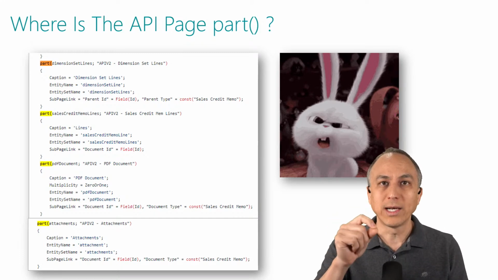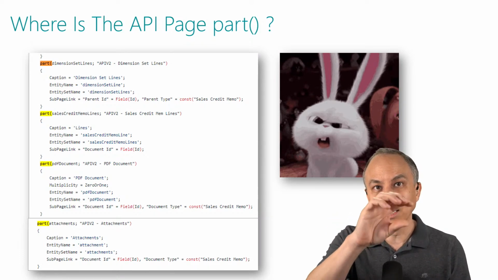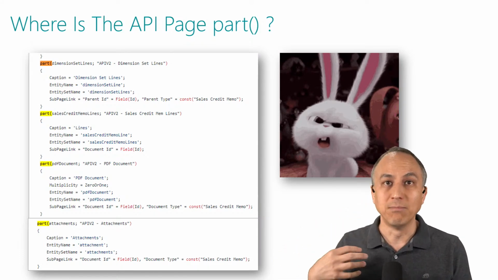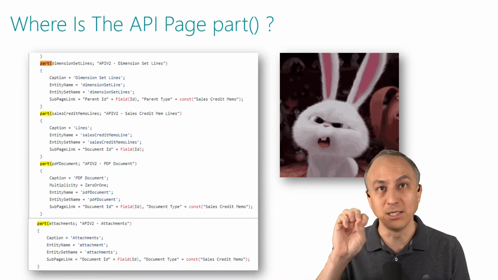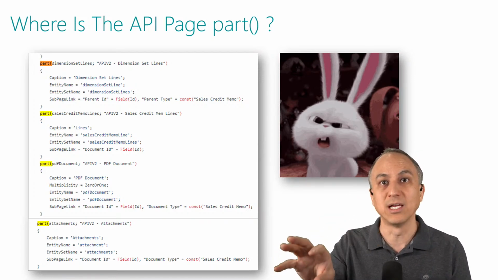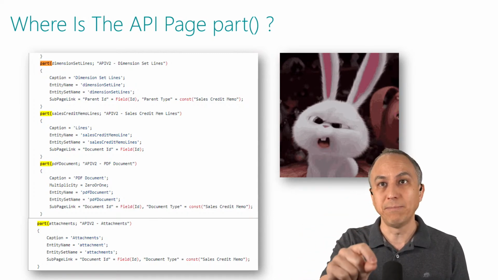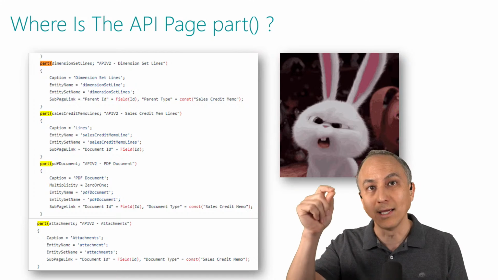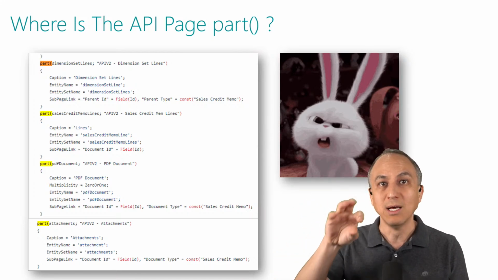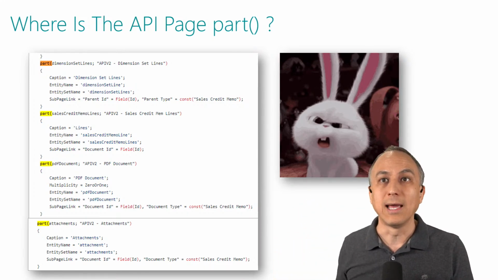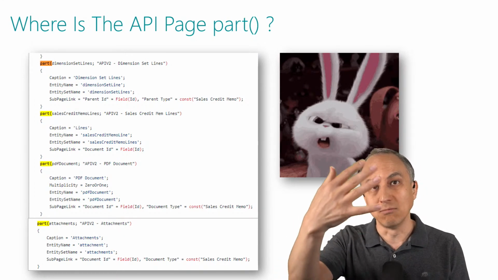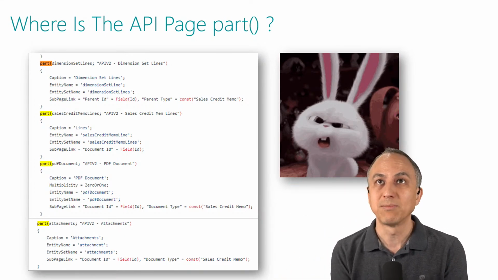So if you want to have a navigation property and use the expand, and in our case, it was a custom API page with a custom expand or navigation property, we added a part to that API page that pointed to a child page, so to speak, that would do the lookup and provide the child records that would be expanded.